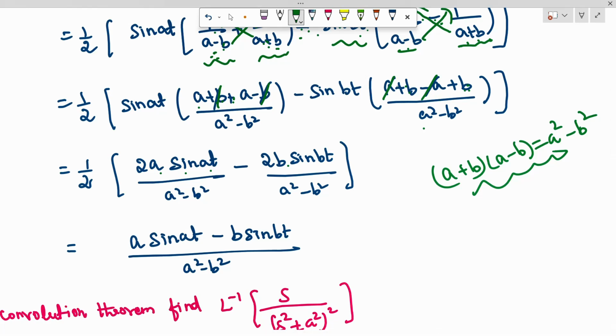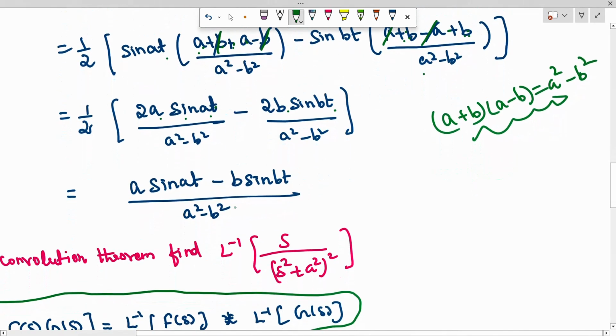In the second term also, here a has opposite sign, a cancels, and then we can write 1 by 2 into sine at into a plus a, 2a into sine at by a square minus b square, minus 2b into sine bt divided by a square minus b square.